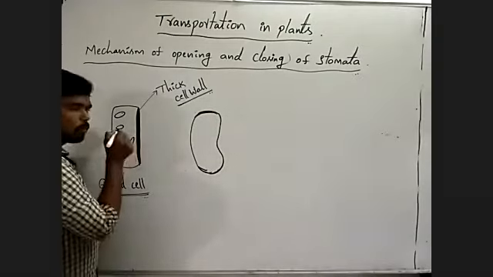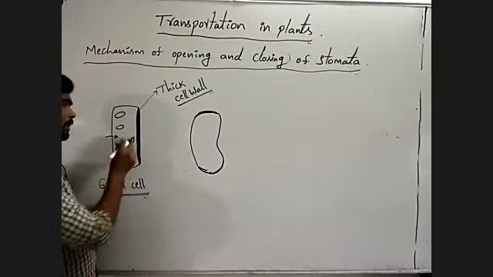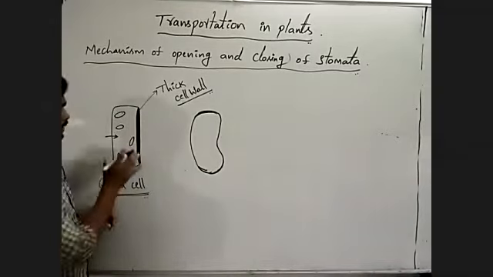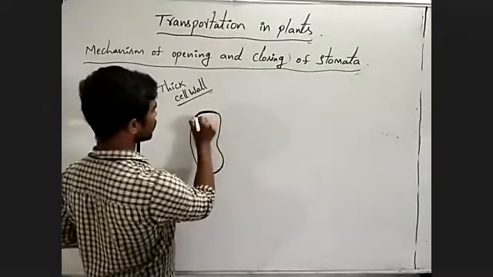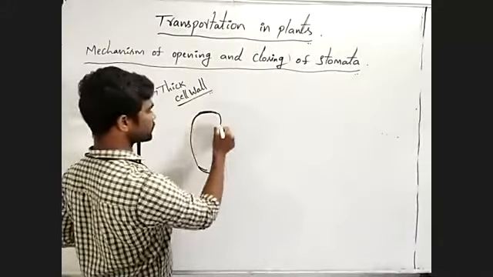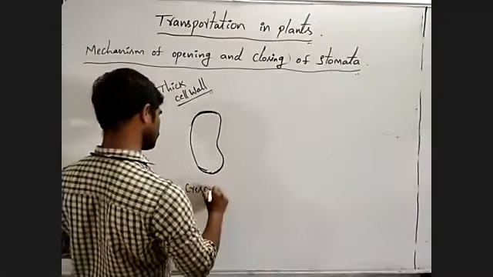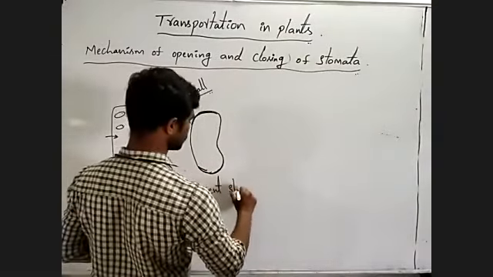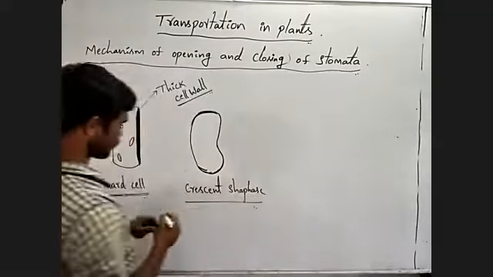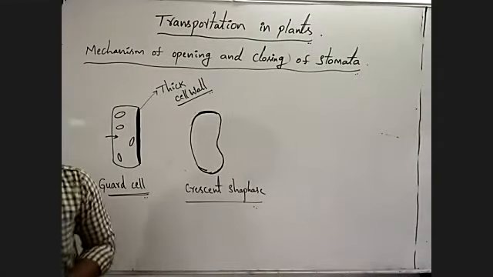Because of this pulling effect, the entire guard cell, like this, its shape becomes crescent shape. Understanding how this mechanism occurs here.